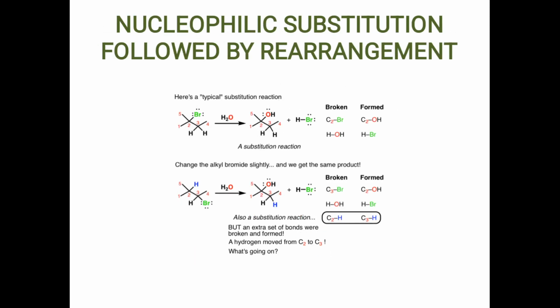Nucleophilic substitution followed by rearrangement. Here it's a simple nucleophilic substitution reaction, but in the first case you can see that the OH group replaces the bromine group and gets attached at carbon number 2.